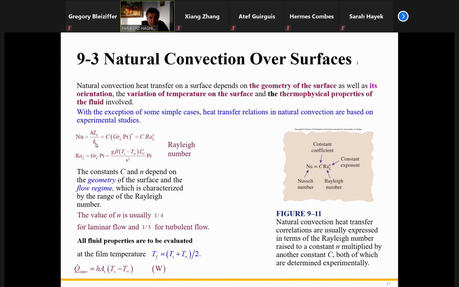This h is based on your Rayleigh number, geometry, orientation, and so on. Therefore, first I have to calculate the Grashof number, identify laminar, turbulent, and so on, and then look at the physical properties, then come back here based on the appropriate correlation that I have, to calculate my heat transfer coefficient.